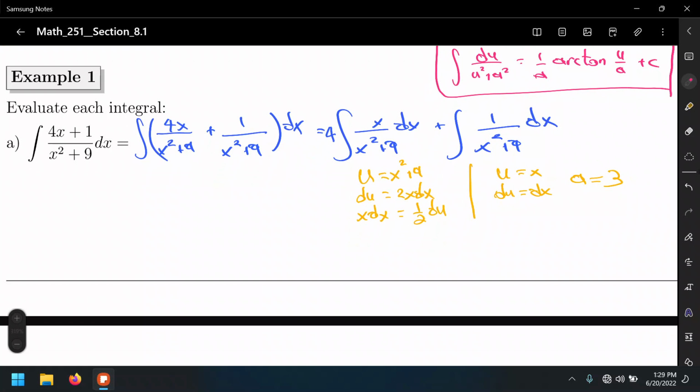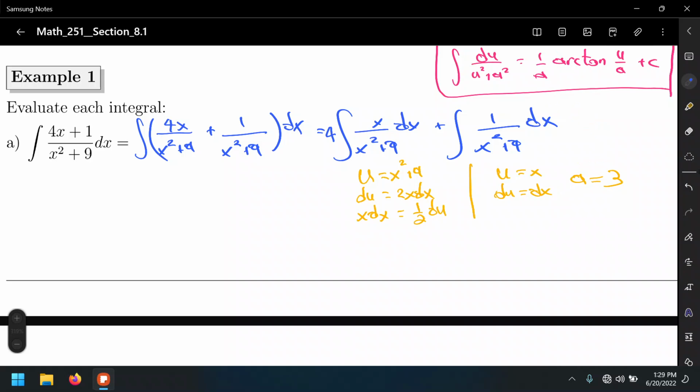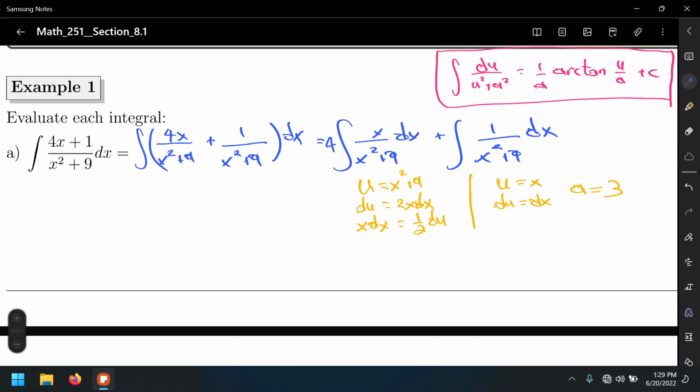So let's do the u substitution here. I would like to rewrite this in the following way. So this is 4 times the integral of, in this case, simply du over u.